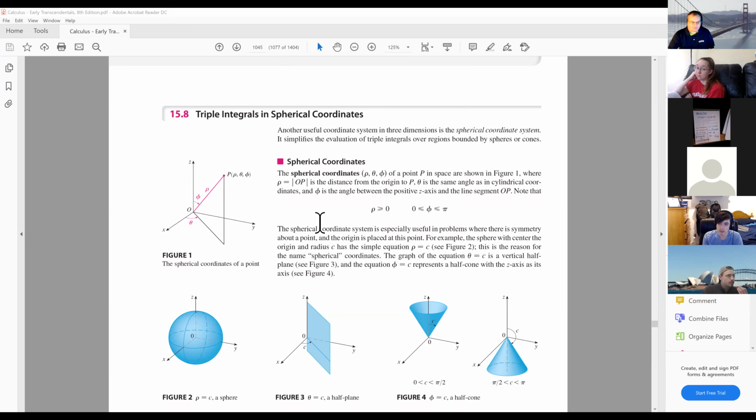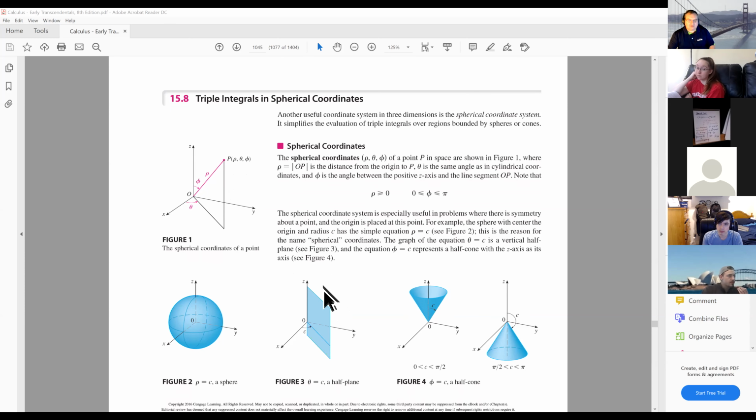For instance, a sphere will just be rho equals 5. All the points whose distance from the origin is 5 would get you the shell of a sphere. So if you said rho was between 0 and 5, haven't you now described a ball bearing in space, radius 5? So rho is very close to the r that you use in polar. It's telling you the distance from the origin to the point.